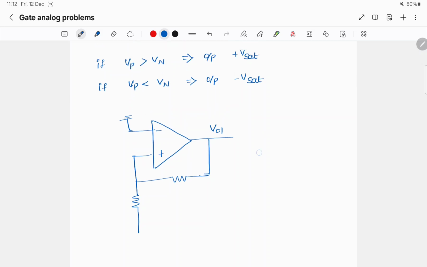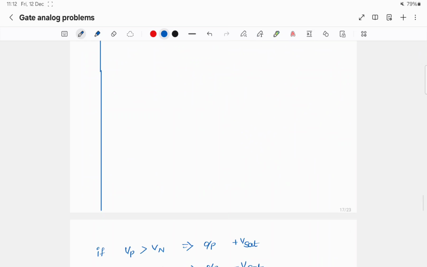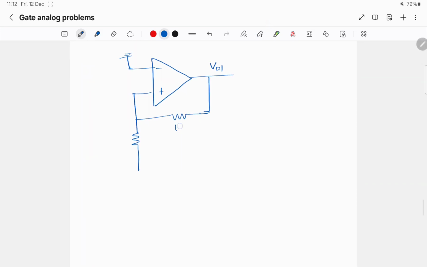This is VO1. This 100k, this 10k, this is Vi.